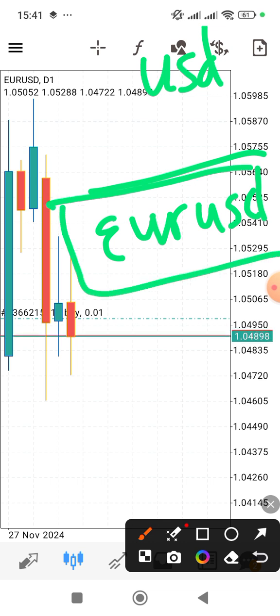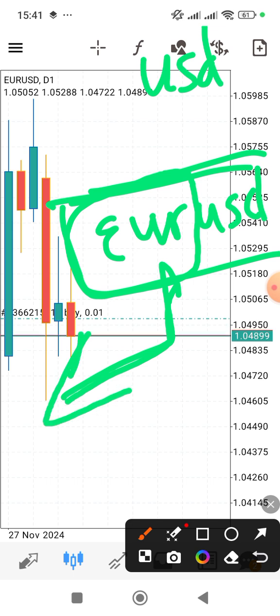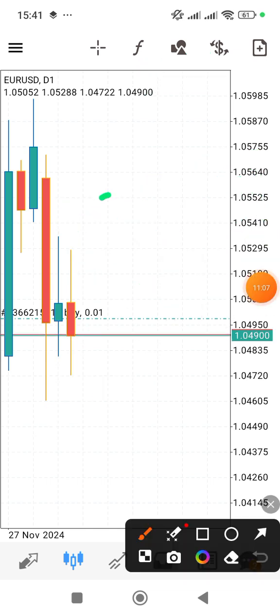You are not going to click buy, because remember I said anything you click, it is the first currency you are affecting. If you click buy, it means you are buying Euro and you are selling off USD. Their economy is strong, United States, so you have to buy USD. So for you to buy USD in this Euro USD pair, it means you have to click sell.